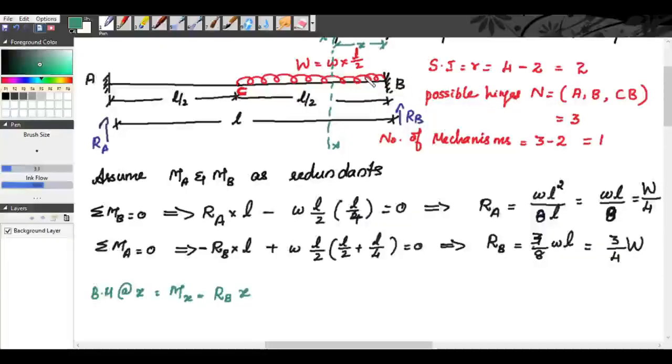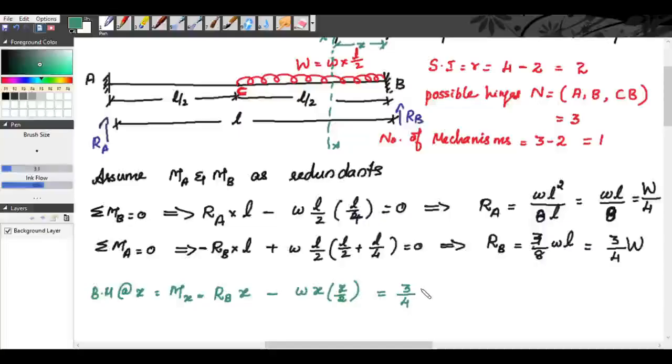So RB into X positive minus small w into X into X by 2. So we get, RB is 3 by 4 W.